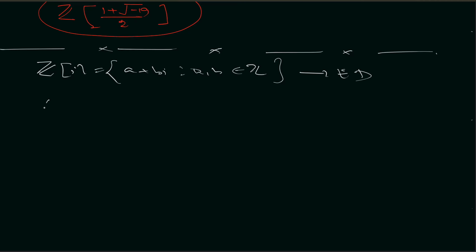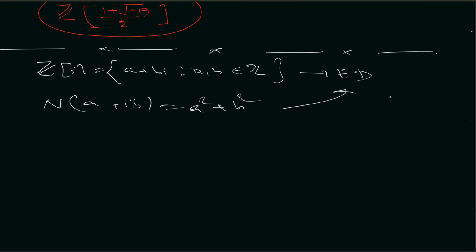By that, the norm will be: norm of a plus ib equals a square plus b square. This norm makes it an ED, because for ED we need just a norm, right? We don't need anything else.